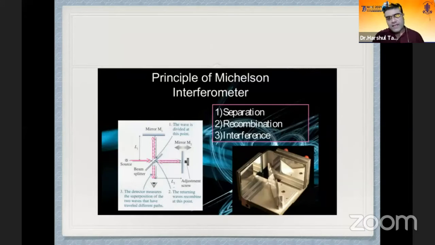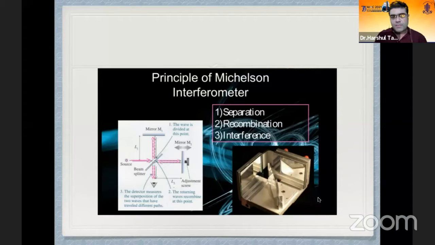So it was in 1990 that the first optical biometer was introduced. That was the IOLMaster 500, and in 2000 another biometer, Lenstar 900, was introduced. Both these biometers were based on the principle of Michelson interferometry, in which a light source passes through a beam splitter and gets divided into two rays, and these returning waves recombine, and the constructive interference is detected by the photodetector, and we come to know how much path these waves have traveled.